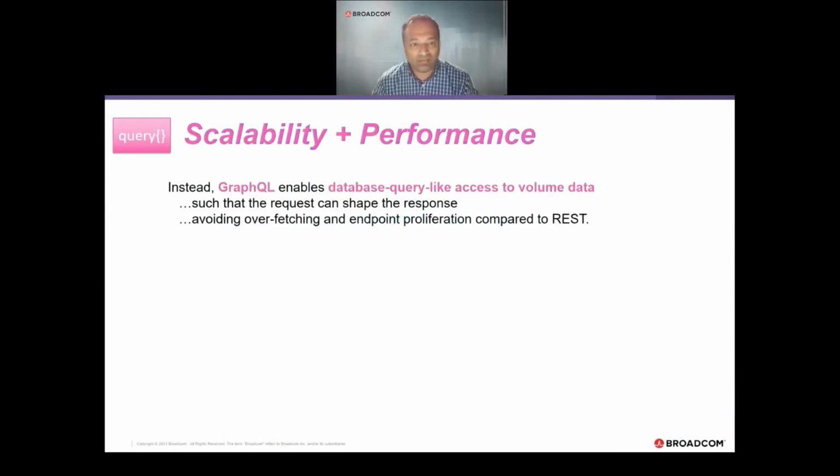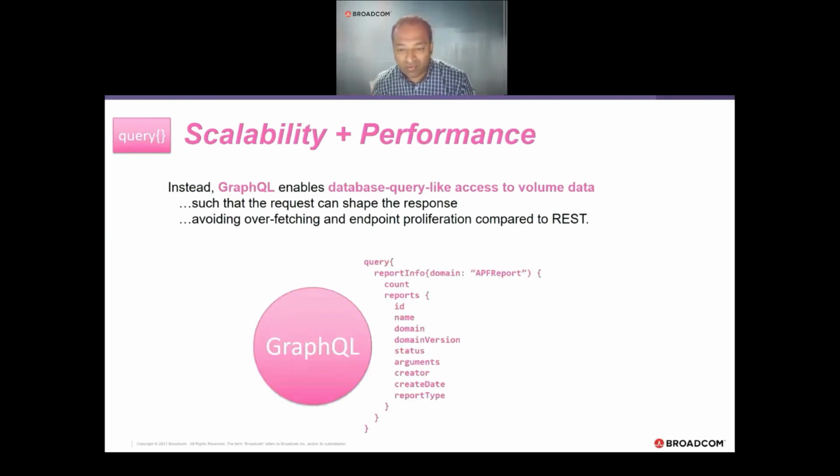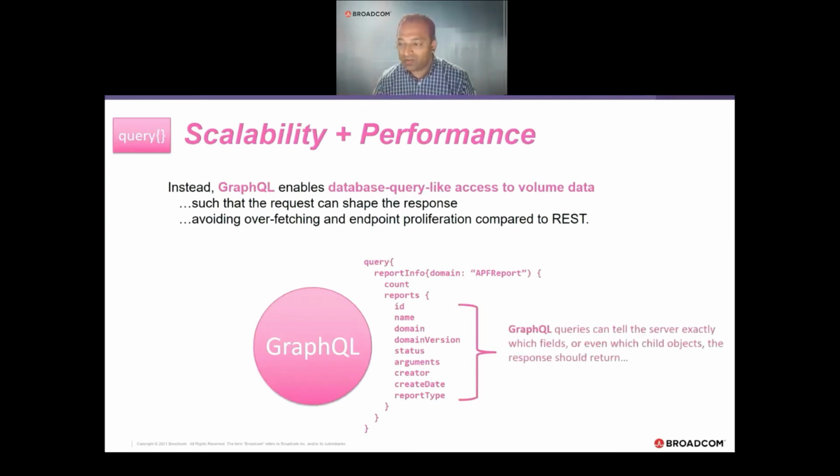Instead, you can use GraphQL, where you can write database-like queries, where the shape of the request determines the shape of the response, and you can avoid overfetching. Here is a GraphQL request, where the service is going to return the response based on the request, and you can avoid overfetching by dropping out the fields which are not needed.